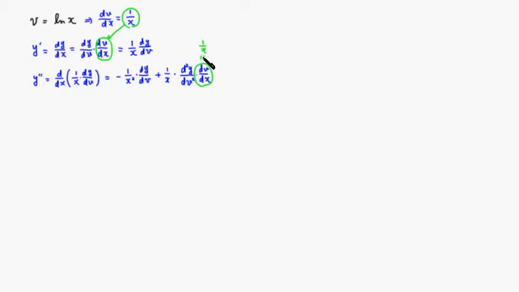Combining this 1 over x and that 1 over x gives you 1 over x squared. So we can pull out 1 over x squared, so that you have the second derivative of y with respect to v, minus the derivative of y with respect to v.